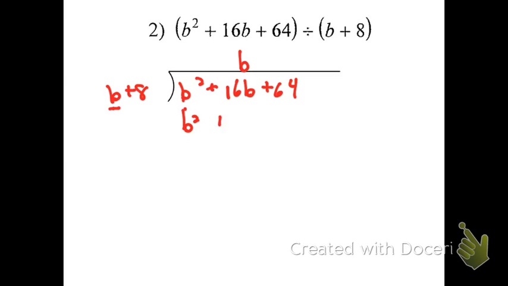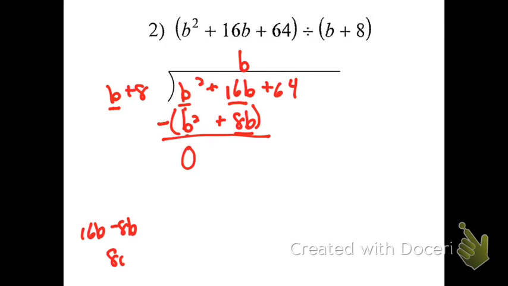B times 8 is 8b. And yes, we have to subtract this whole thing. All right? So b squared minus b squared, that's 0. Got to have it there. Now, 16b minus 8b, that's going to be 8b.